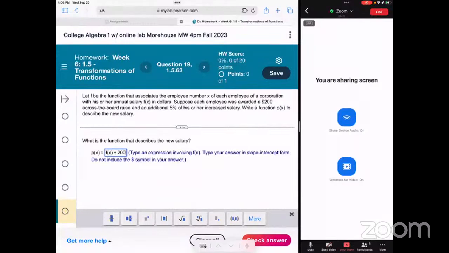So we want to increase this result by 5%. In order to increase it by 5%, 100% would be this salary plus 5%. So the new salary needs to be 105% of this, right? So we're going to say times 1.05, okay?